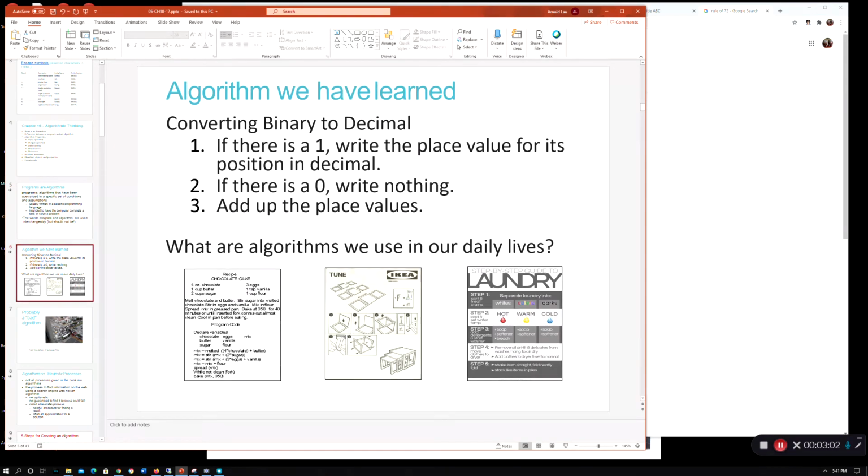Okay, here we go. An algorithm that we've learned is converting binary to decimal. So you remember if we have a 1, whatever the value is for that position, you apply that to your decimal, right?